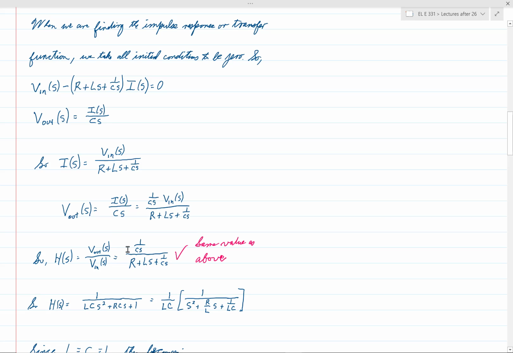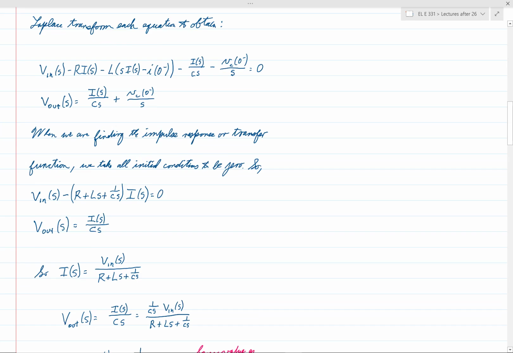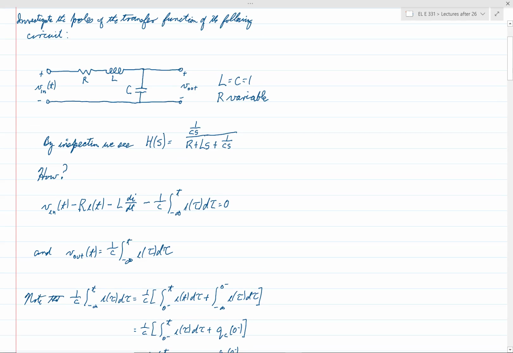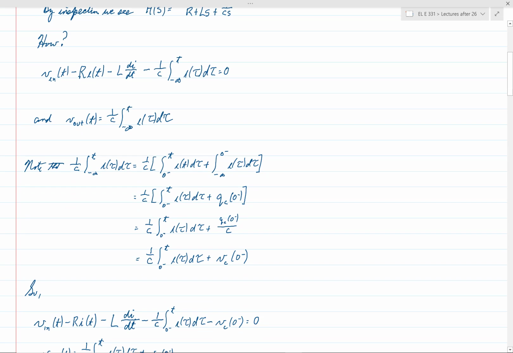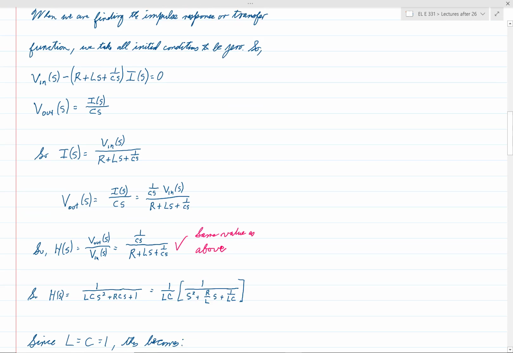And so that will be 1 over Cs divided by R plus Ls plus 1 over Cs, which is the same result we obtained before by looking at this as a voltage divider. But you see how much quicker that was. So again, take a look at that and make sure you understand it.